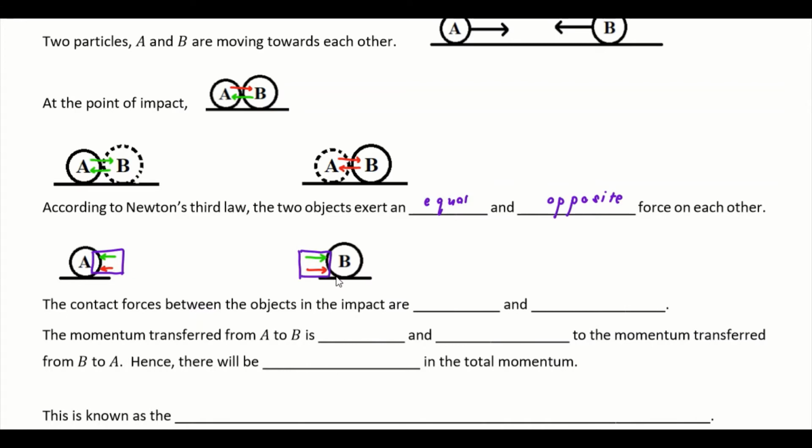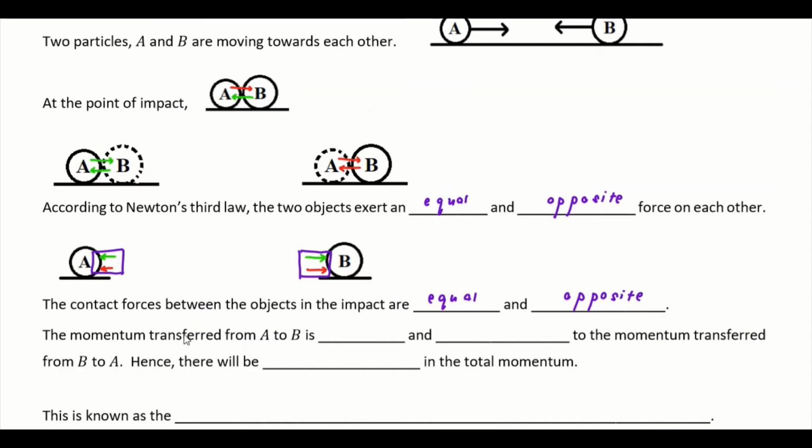So although they have different values, because of Newton's third law of motion, the equal and opposite resultant force will cause the contact force between the objects in the impact to be equal and opposite as well. In other words, it's going to be the same thing for momentum.